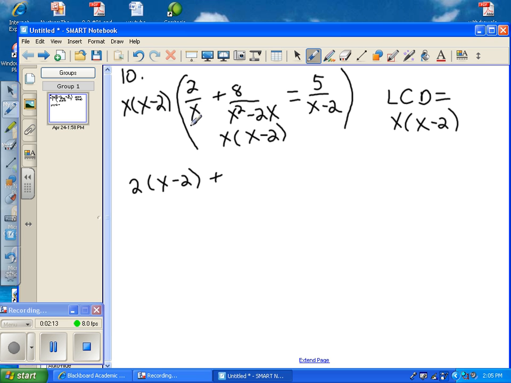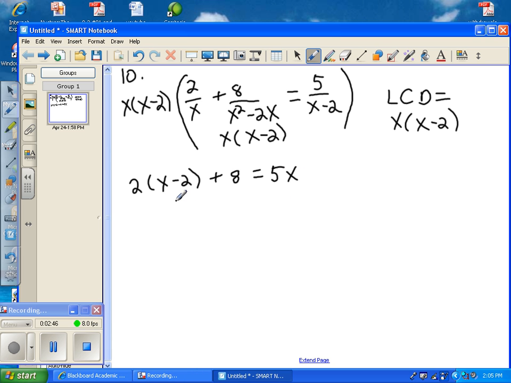X cancels with x, x minus 2 cancels with x minus 2, and that just leaves me plus 8. That looks a whole lot better, doesn't it? Okay, now I'm multiplying the whole thing, canceling the denominators, multiplying this term by this term, this denominator cancels with that numerator or whole number, depending on how you want to look at it. That leaves me x to multiply by 5. That gives me 5x.